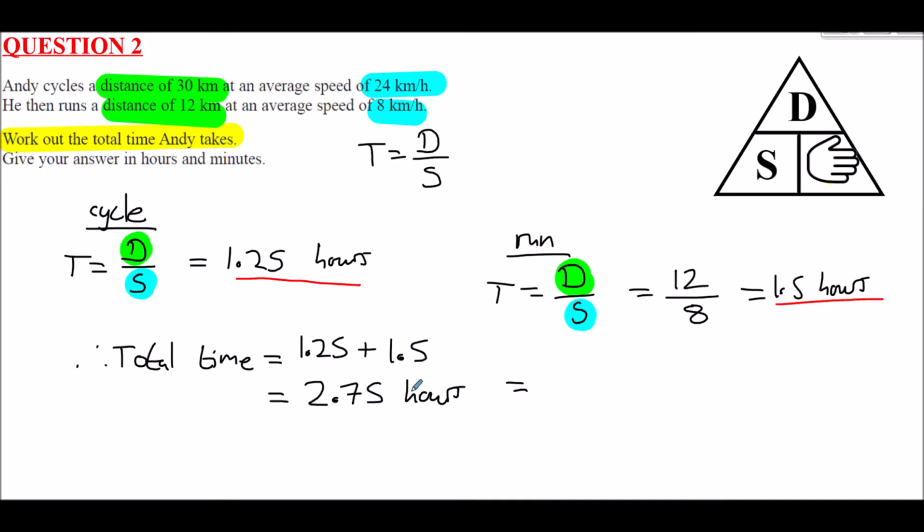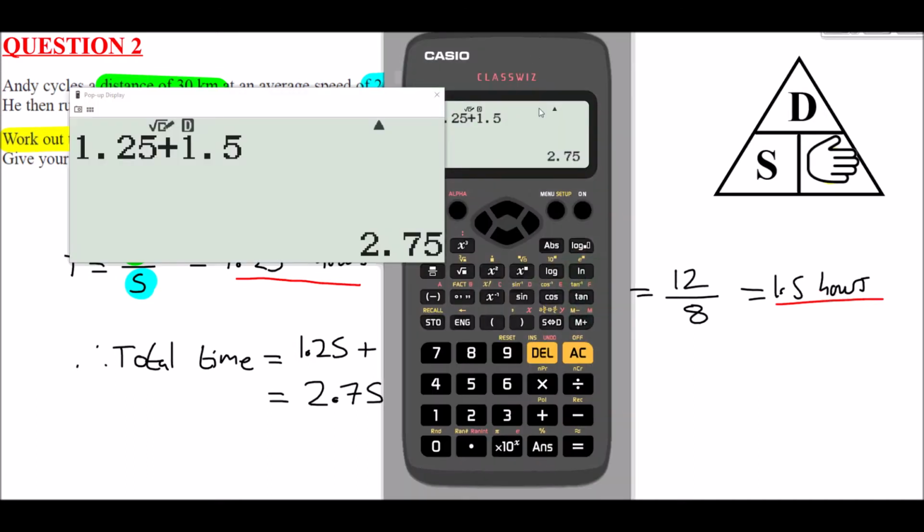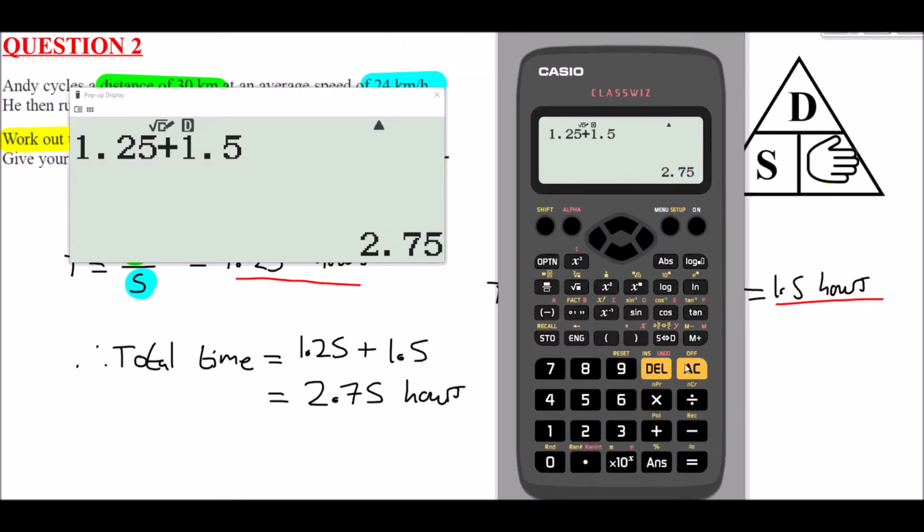A much easier way, which you might not know about, is the calculator can actually do this for you itself very nicely indeed. I'll show you how. So the decimal number you want to change into hours, minutes, or even hours, minutes, seconds, you type in the decimal number first, and then just press equals.